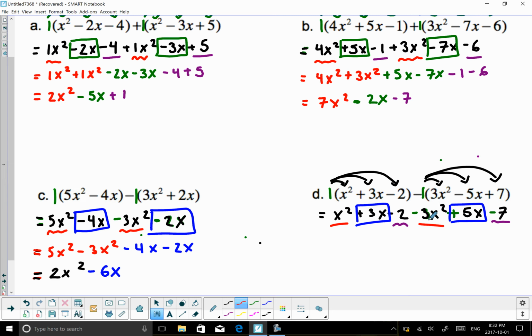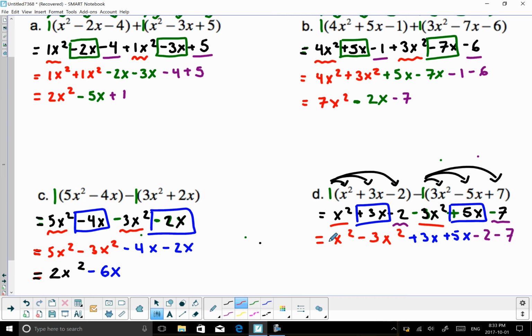So x squared and negative 3x squared, I write it, the signs go with it. Positive 3x, positive 5x, and then negative 2 and negative 7.